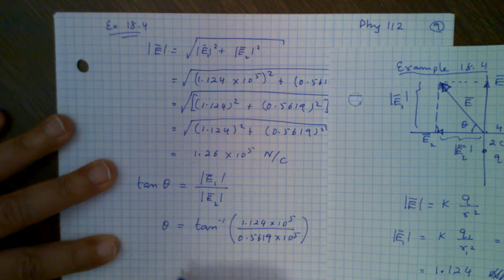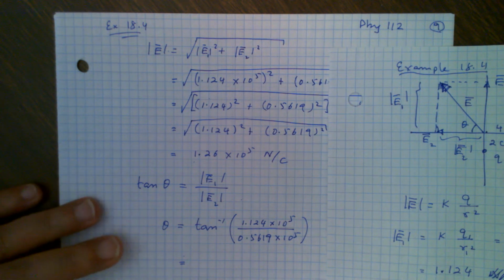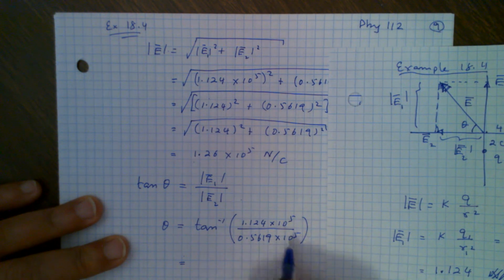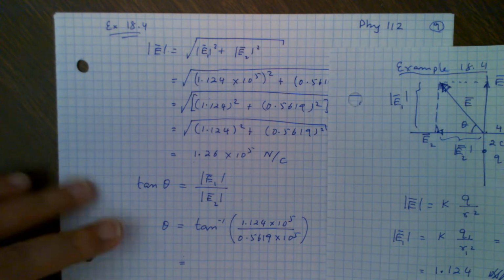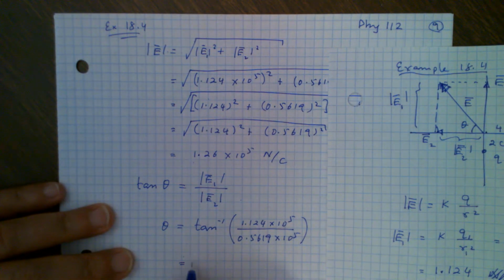They cancel out. And the answer is 63.4 degrees, right? So these 10 to the power 5 cancel out, so I just have to use this, and this is 63.4 degrees. Okay, so make sure you put your calculator in the degree mode.